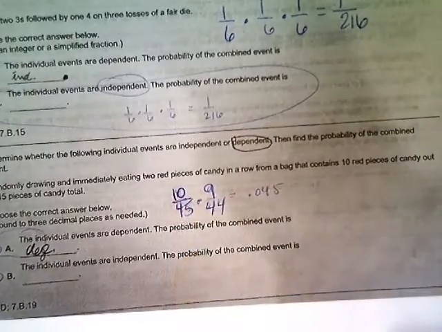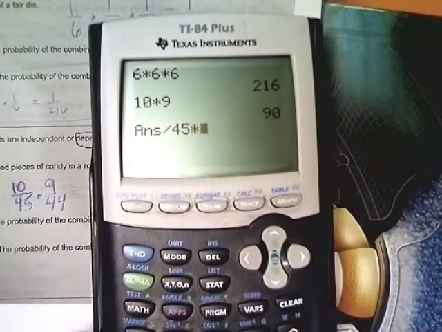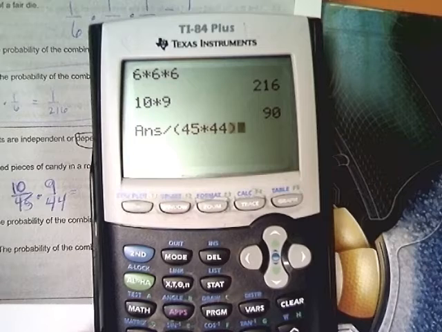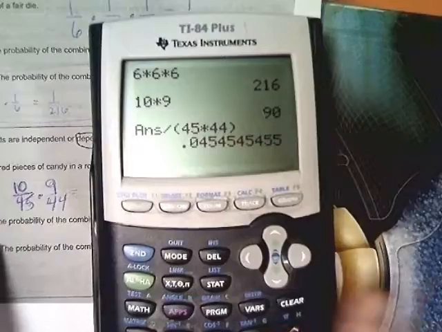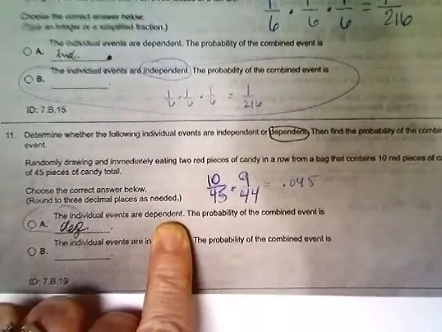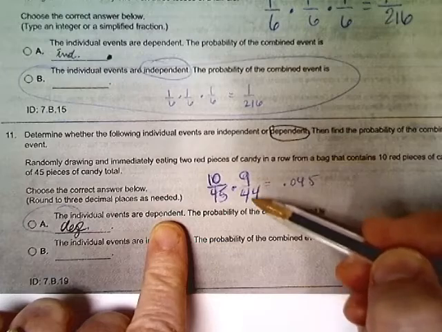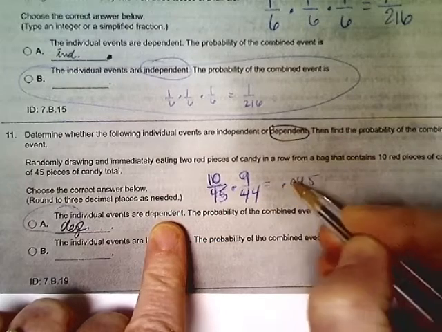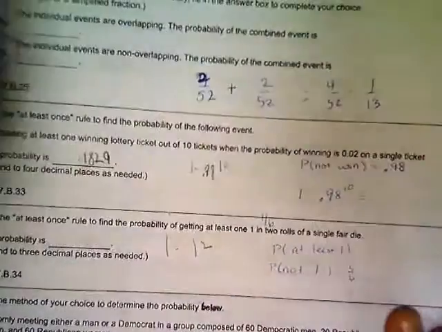So you multiply this together, 10 times 9, divided by 45 times 44, and I get 0.045. So they're dependent events, because when you took and held on to the first one, it changed the numbers for the second one, and the answer is 0.045.